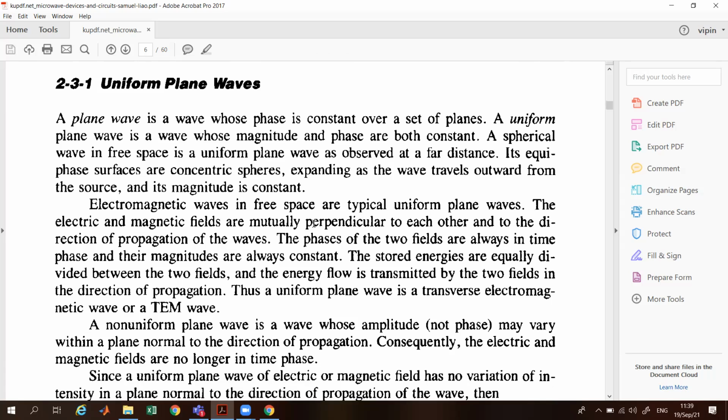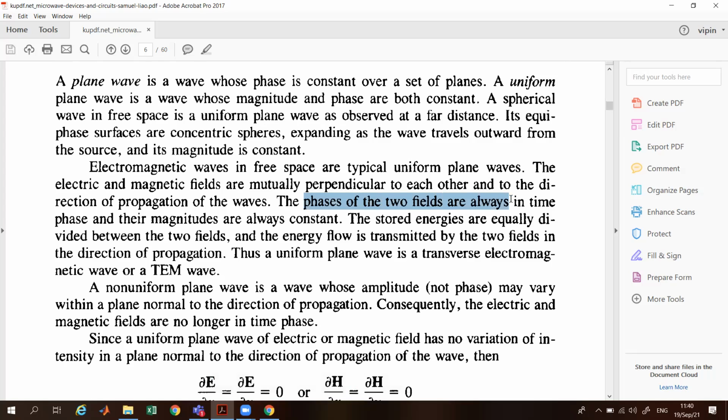They are perpendicular to each other, together with the direction of propagation. So we have X, Y, and Z coordinates. If the electric field is in the X direction and the magnetic field is in the Y direction, then my wave will travel in the Z direction, making electromagnetic waves in free space.